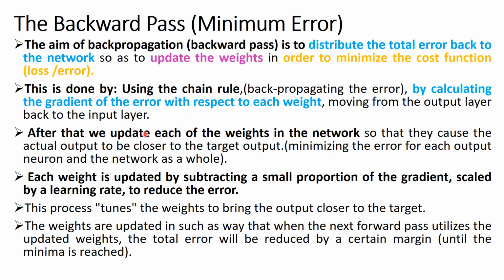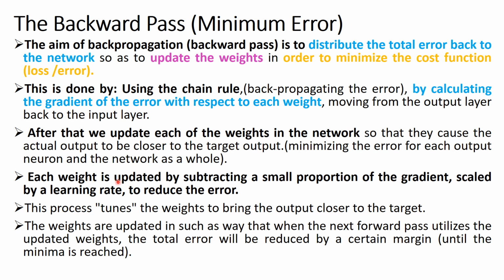After that we update each of the weights in the network so that they cause the actual output to be closer to the target output. تعديل الأوزان بحيث إنه to minimize the error for each output neuron and the network as a whole. بنبدأ نقلل الخطأ نعمل تعديل الأوزان بحيث إننا نقلل الخطأ لأي نيورون، بالتالي نقلل الخطأ لكل الشبكة العصبية.